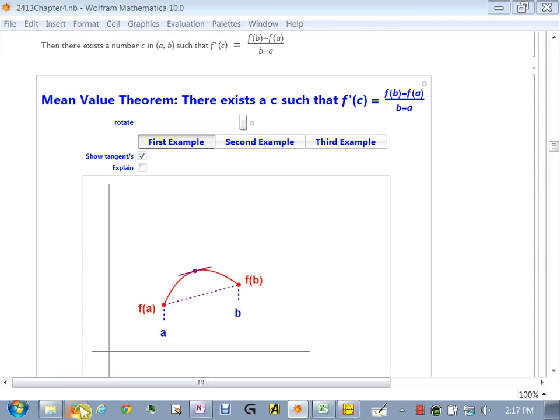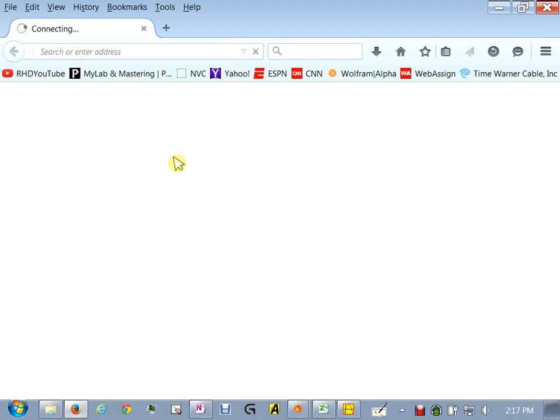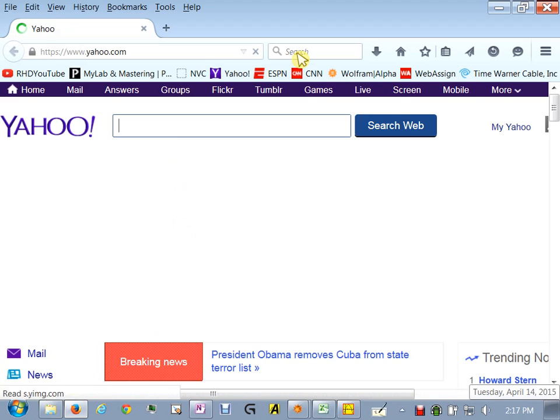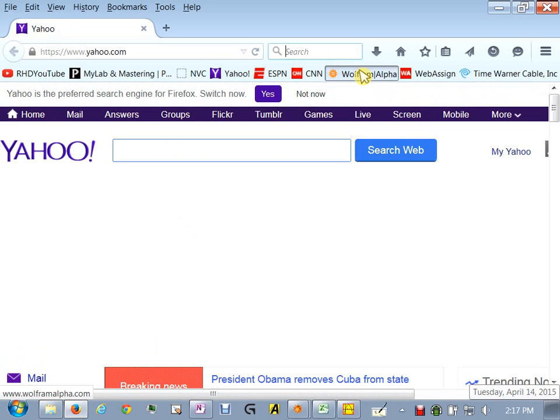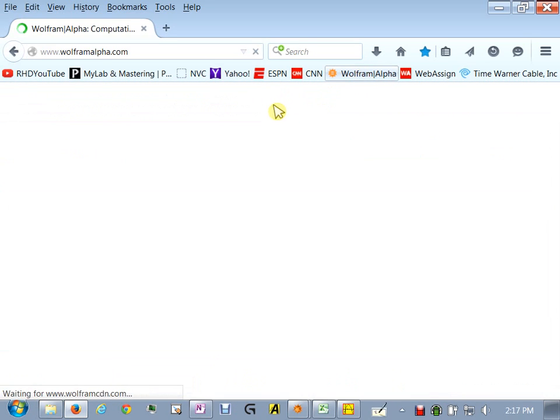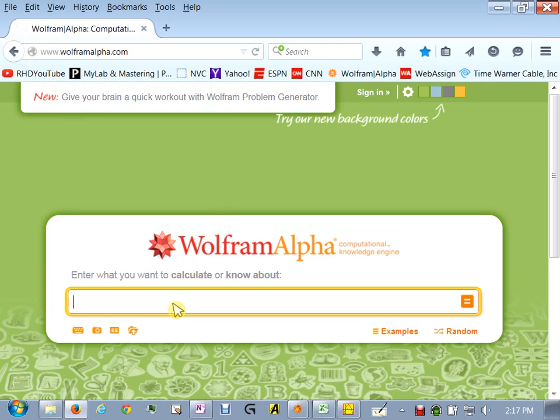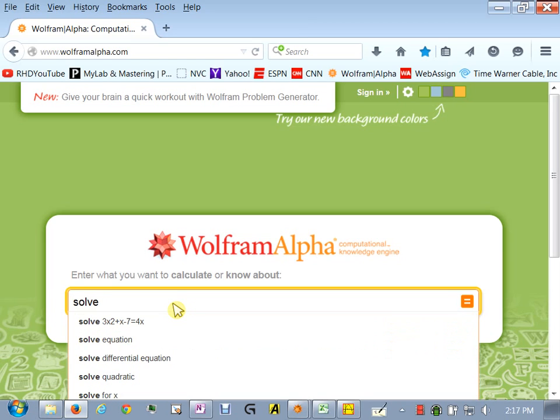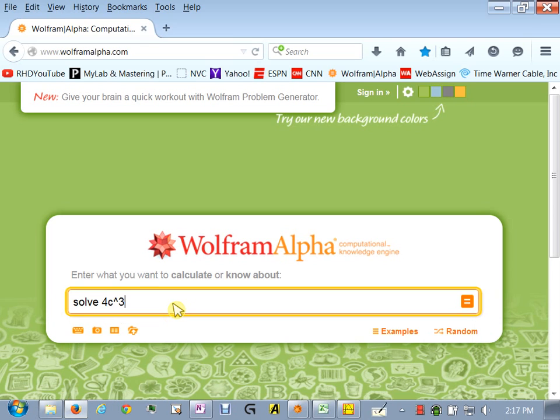So if I went to Wolfram Alpha, if I wanted to solve that equation, what would I type in here? Probably solve 4c cubed minus 9c squared plus 12c minus 4 equals 0. Let's just see what Wolfram Alpha does with this.